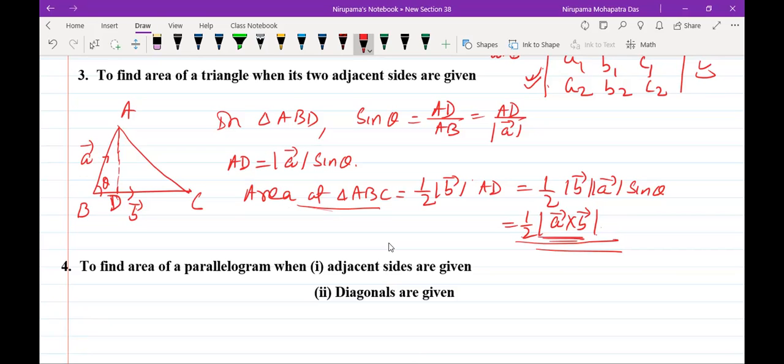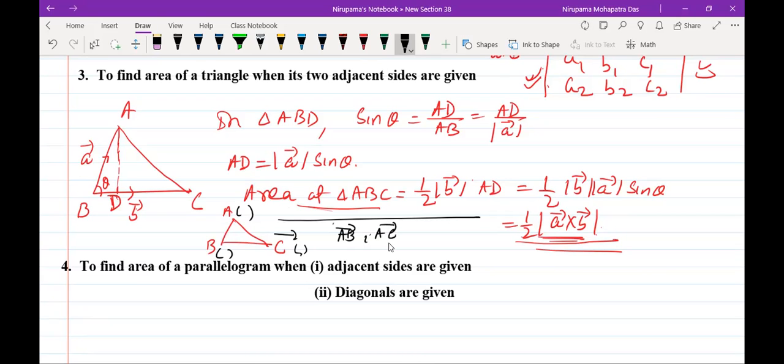Now in case you are given the vertices, suppose you are given A, B, C, you can find any two sides. To calculate the area, you take any two sides. Suppose I take AB and AC, or AB and BC, or AC and BC.